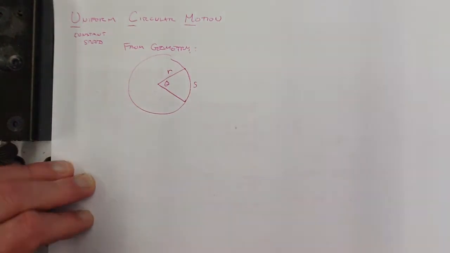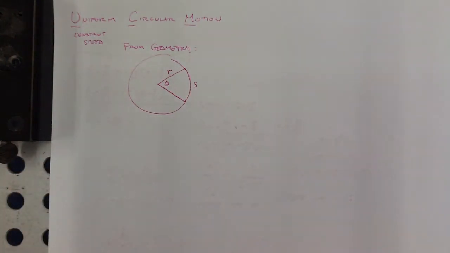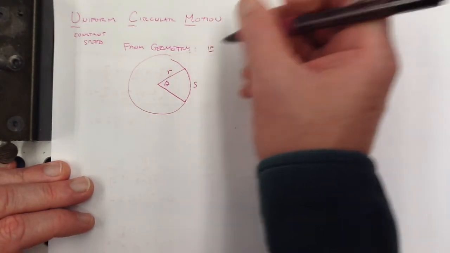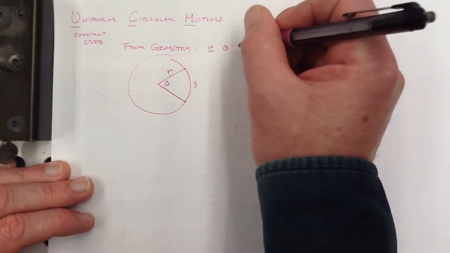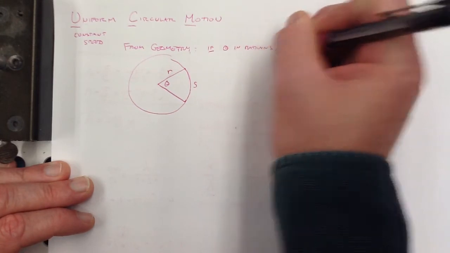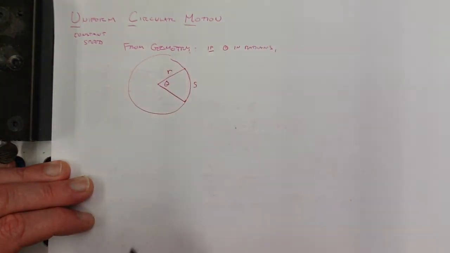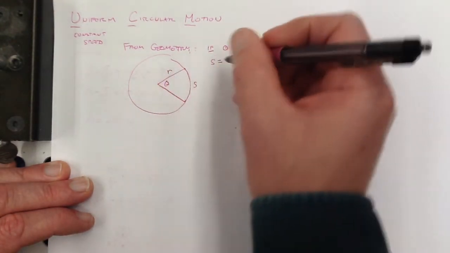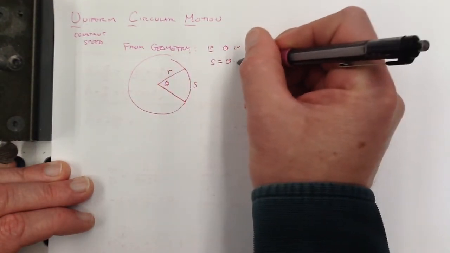You used an S for that, maybe. If theta is in radians, then there's a very nice relationship between these. The length of that sector is theta times r.